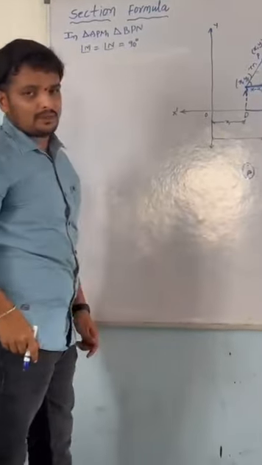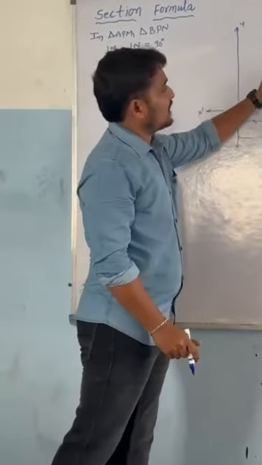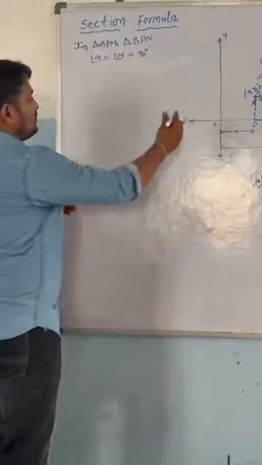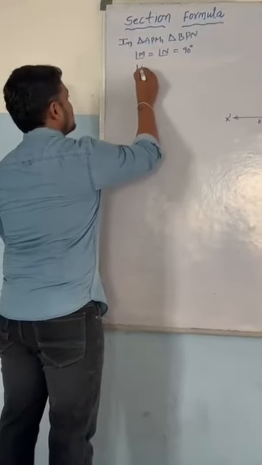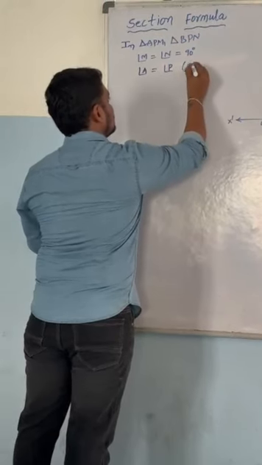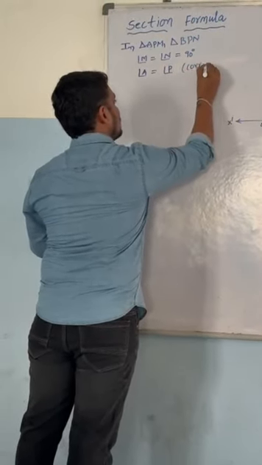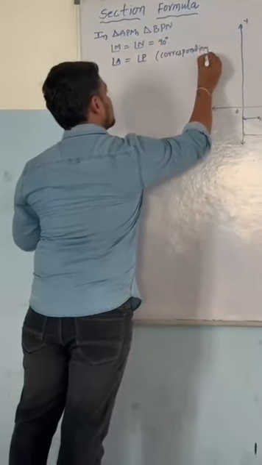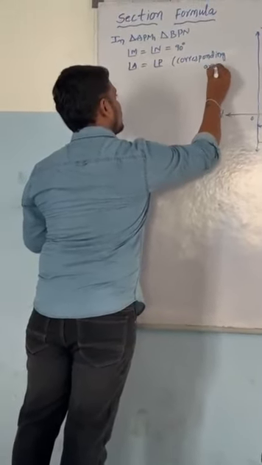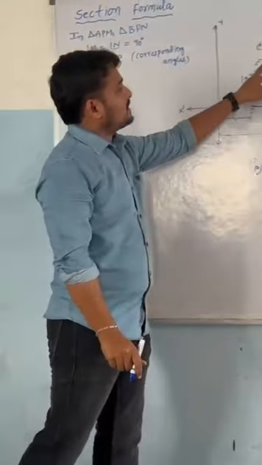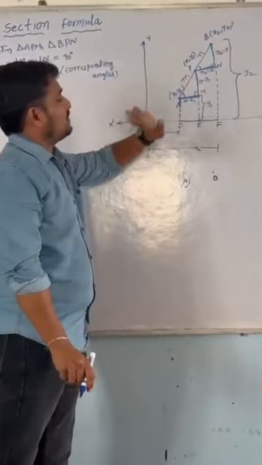By the transversal properties, these two are the corresponding angles. The measure of corresponding angles are equal. So we can write angle A is equal to angle P. Why are they equal? Because of the property of the transversal, these two are corresponding angles, and the measure of corresponding angles are equal. So you can see here angle M is equal to angle N, angle P is equal to angle A.